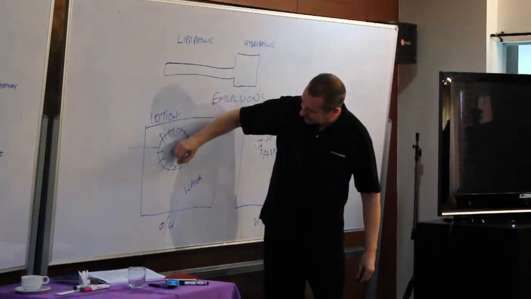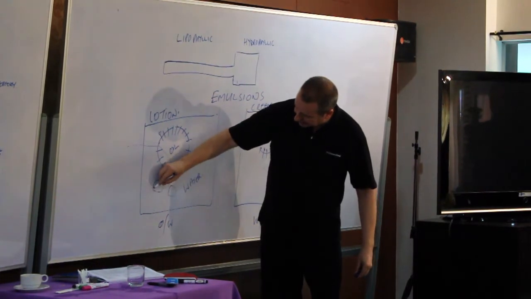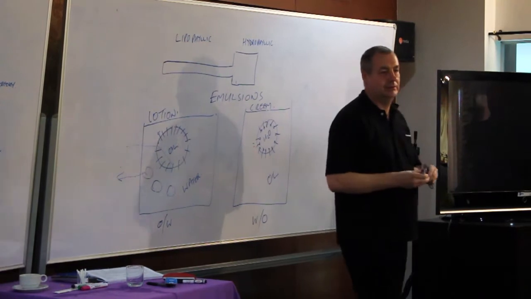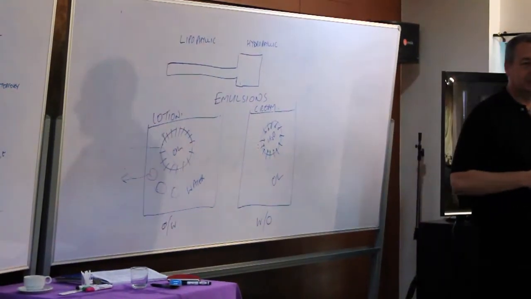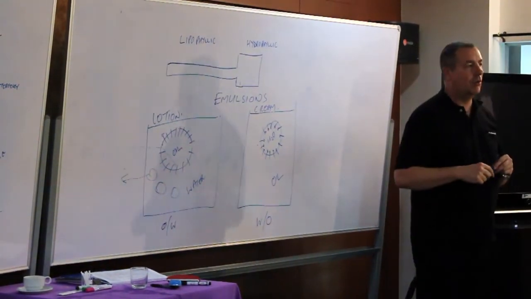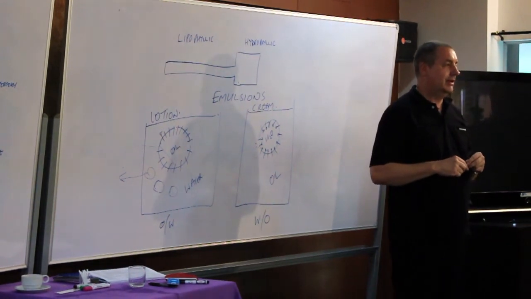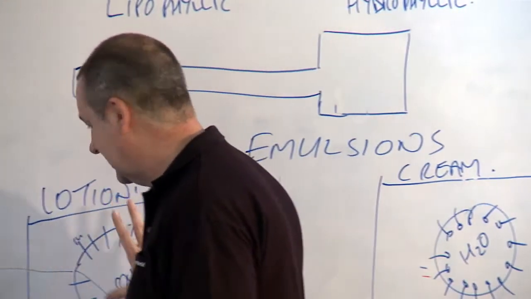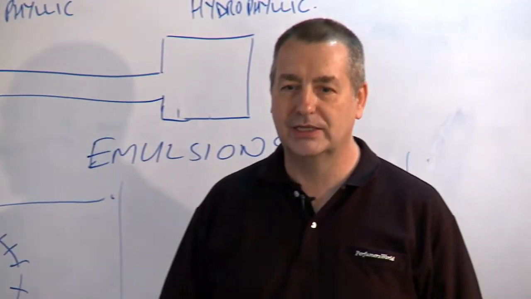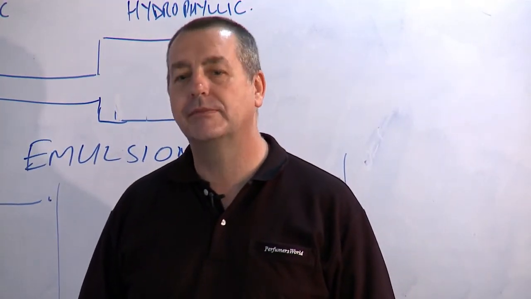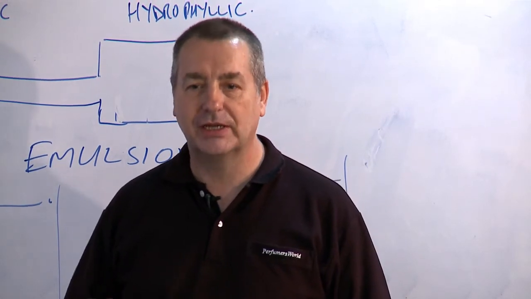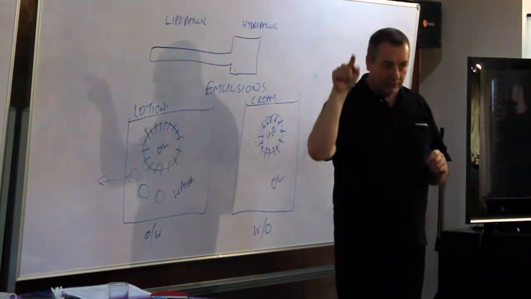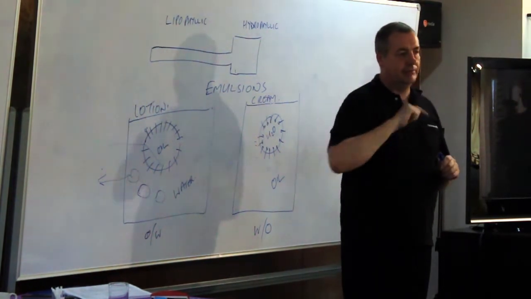The light bends, hits another one, hits another one, and the light bounces back. So that's the reason why all emulsions are white. Nowadays with nano emulsions there's a slightly different thing going on, but that's basically why emulsions are white. That's why milk is white, why cream is white, because it eventually reflects everything back because of this refraction of light.